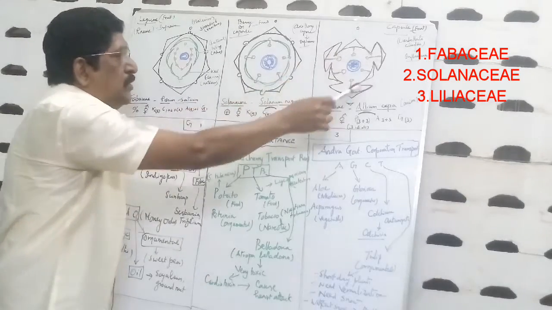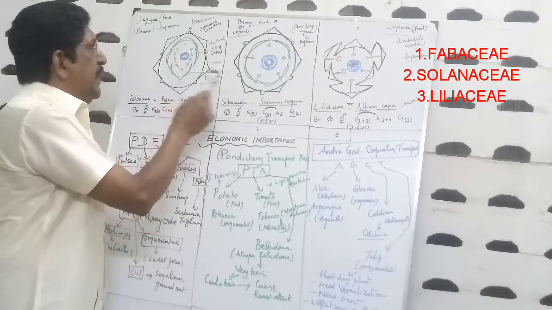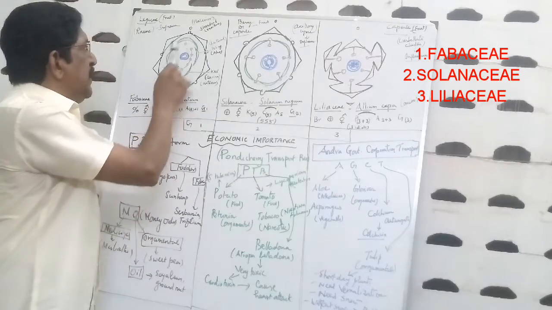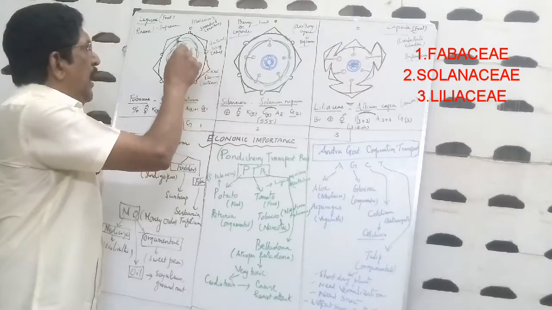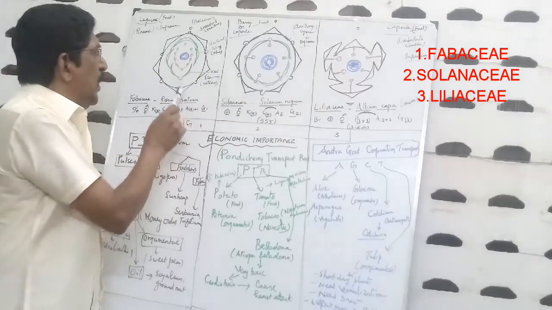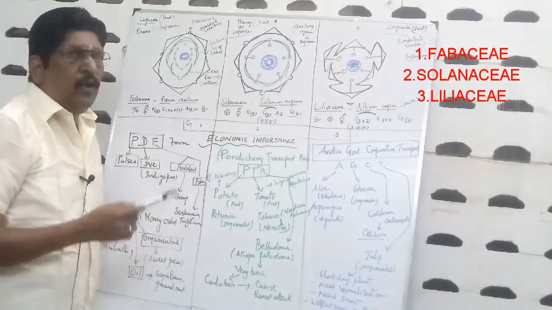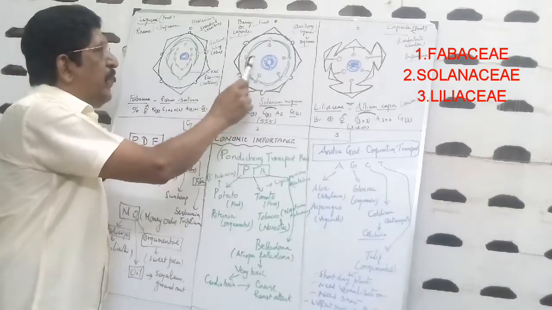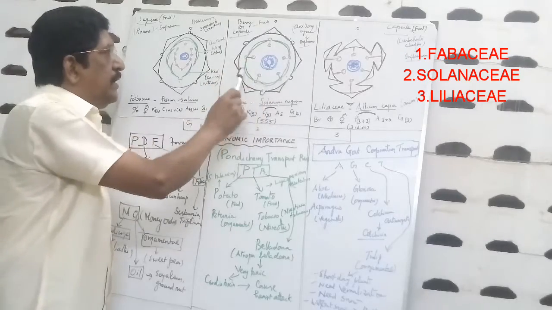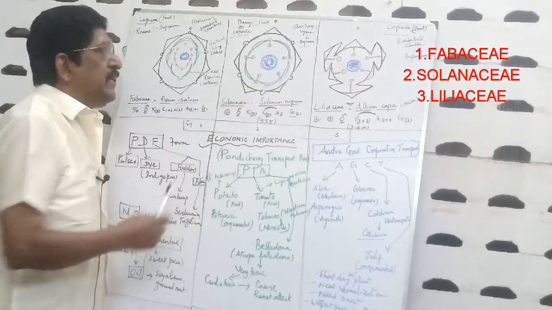In tepals also valvate. Petals, in Fabaceae you get vexillary and free, but the inner carina alone fused together. Whereas here in Solanaceae, 5 petals, they are united, with valvate aestivation.